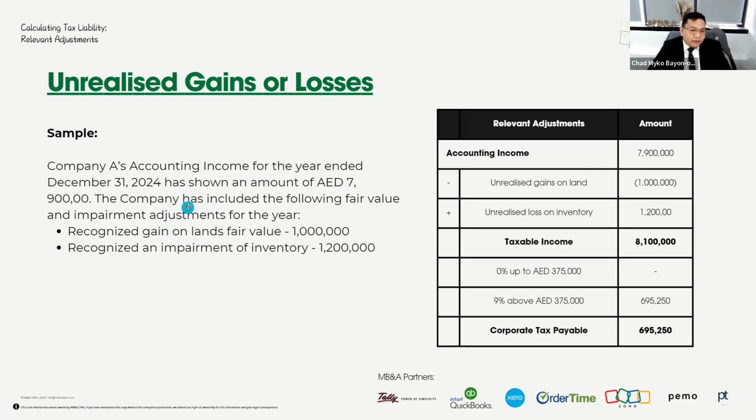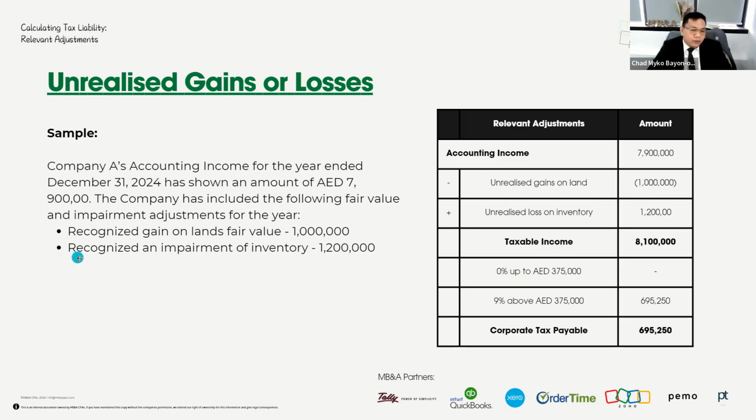If you elect for realization basis, you need to adjust the gain on the land's fair value, since it has not been sold, transferred, or settled. There is no transfer made for this land, and it's only a book recognition of its fair value, so that should be adjusted on your accounting income, meaning it will be reduced.